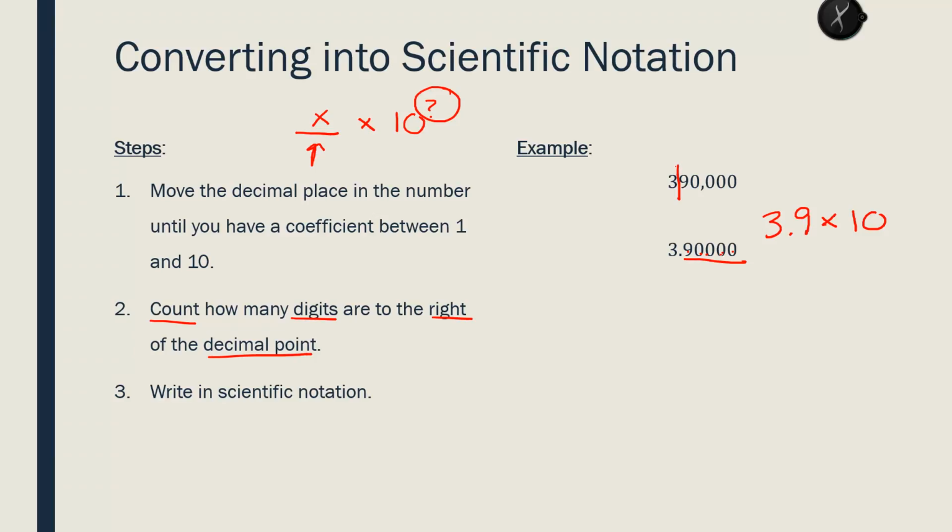Since it's a larger number, it'll be a positive exponent, and since there are 5 numbers to the right of the decimal point, it's going to be to the 5th power. And that's our answer. We can just drop the zeros after the 9, or else you're basically just writing a really, really long number. That's the same thing as writing it the way you see it right here.